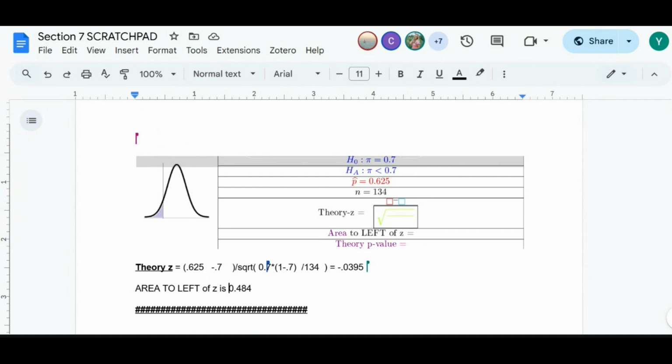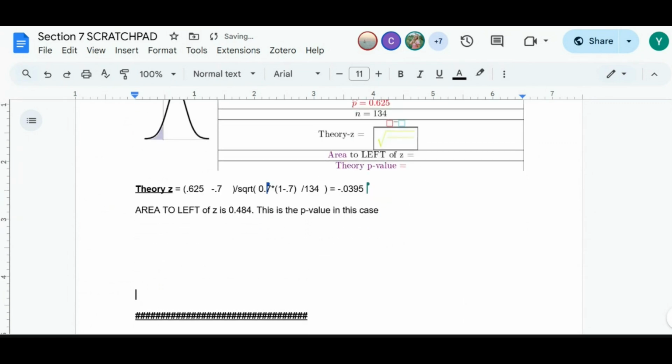So you don't need to do anything else. Is this okay? You don't need to do anything else in this part. All right? Let's immediately go do another one. This is the p-value in this case. Okay, let's do another one.